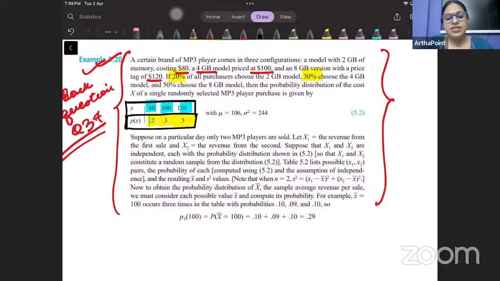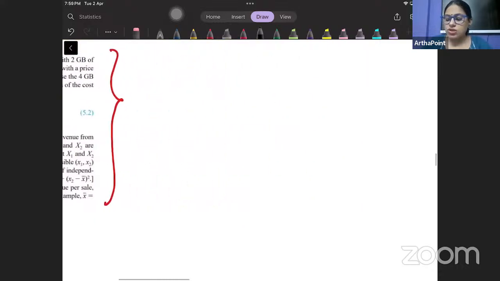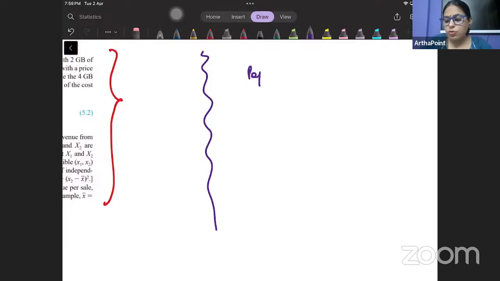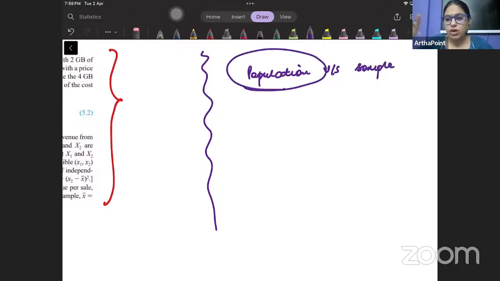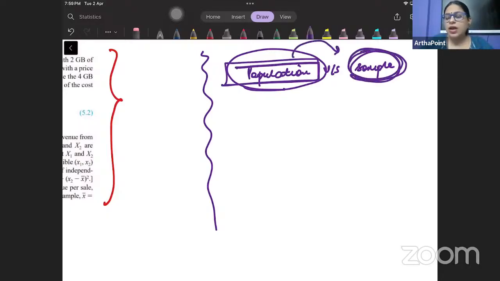Right. अब ध्यान से देखो that this is the information given about the population. So in the last class, I had told you the difference between population versus sample. मैंने आपको इसका डिफरेंस बताया था और मैंने आपको ये बात क्लियर बोली थी कि देखो population is a bigger thing और पूरा का पूरा population may not be at your disposal. बट इसी population में से we pick up a smaller data set और उसको हम sample बोल देते हैं और sample के basis पे हम population के लिए कुछ infer करते हैं.